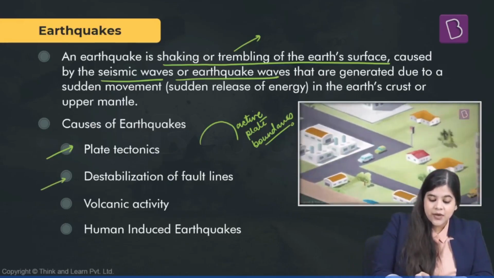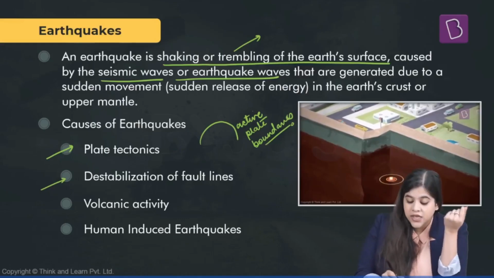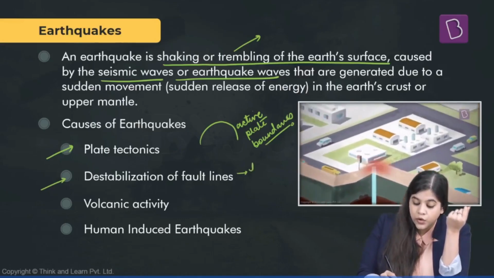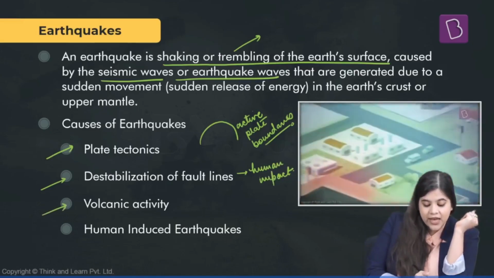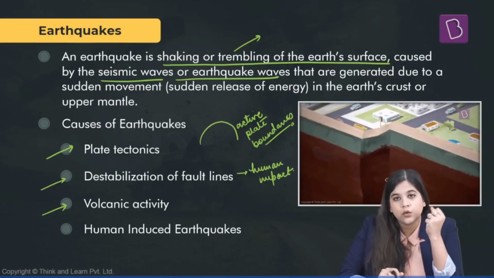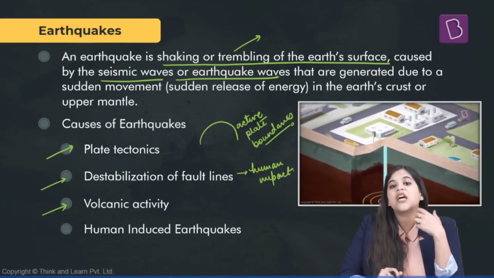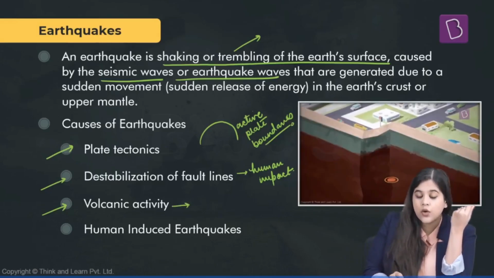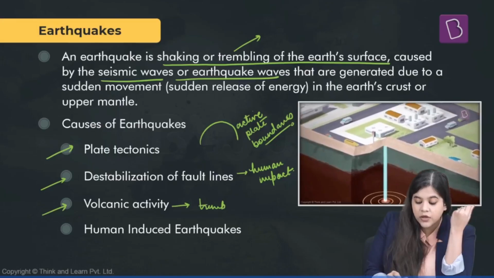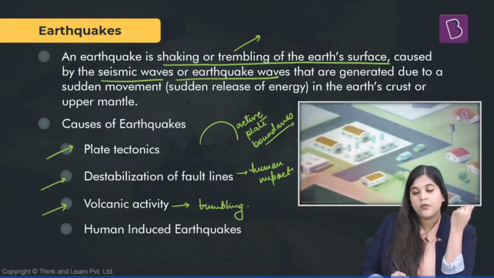Next is destabilization of the fault lines, which can be due to human impact. Next is volcanic activity. Many volcanoes, when they erupt, release a large amount of energy, and sometimes this can cause the trembling of the earth's surface.